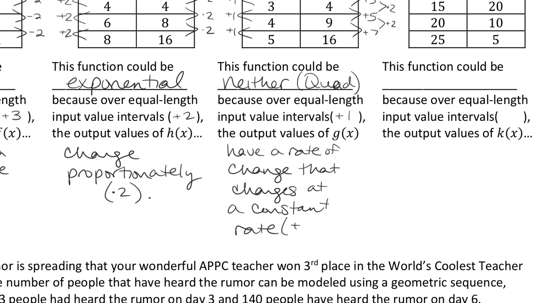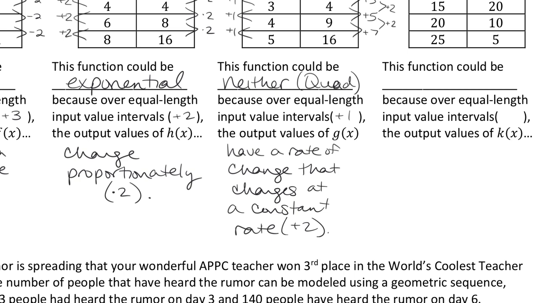And yes, it sounds like I just used all of the same words over and over again, but I did. We are saying the output values have a rate of change that changes at a constant rate. That's saying our second differences are the same.